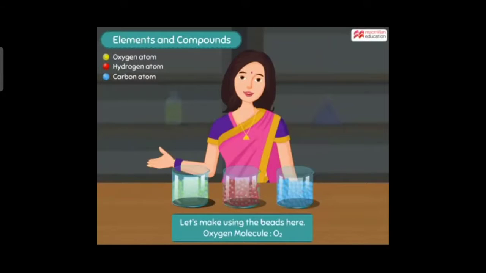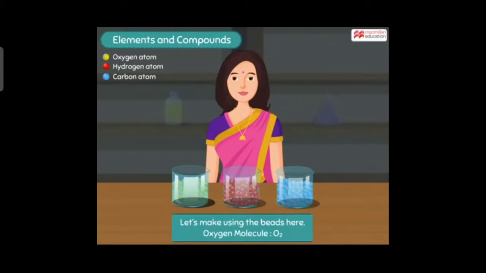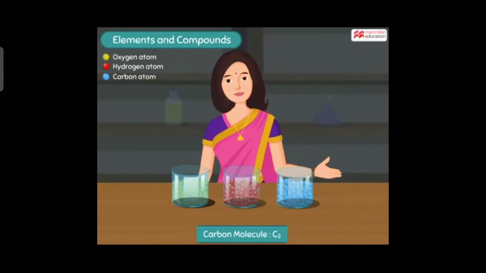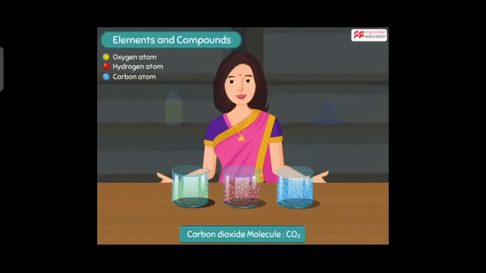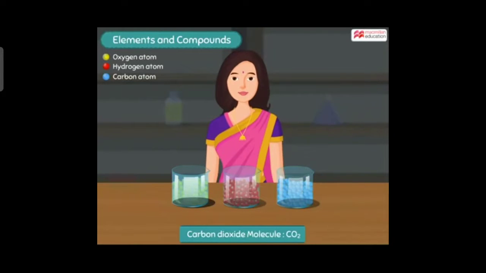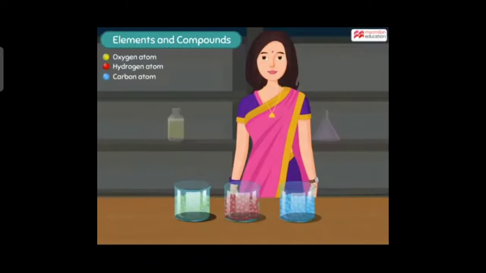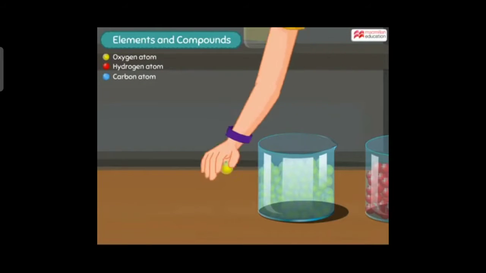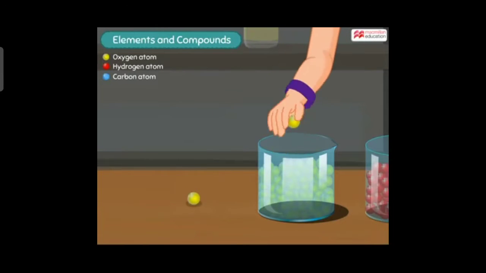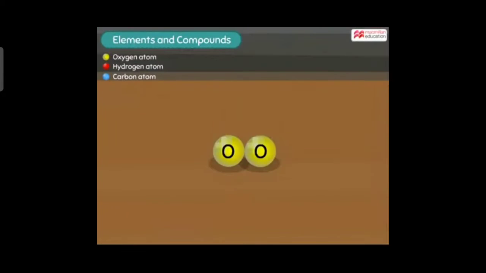Let us try to make an oxygen molecule, a water molecule, a carbon molecule, and a carbon dioxide molecule using these atoms. You know that one oxygen molecule is made up of 2 oxygen atoms. So here we go, 1 and 2 oxygen atoms put together, and we have an oxygen molecule.